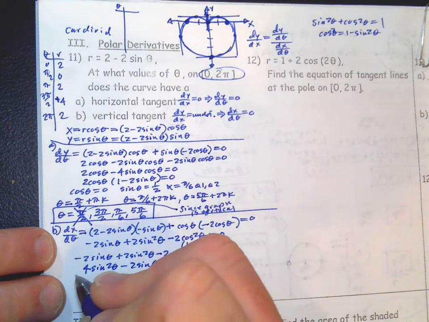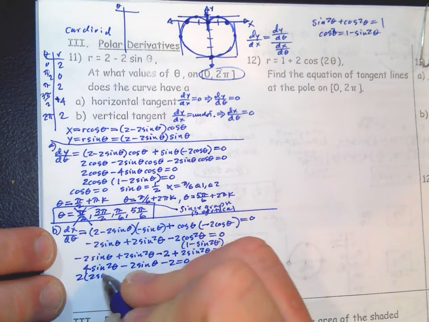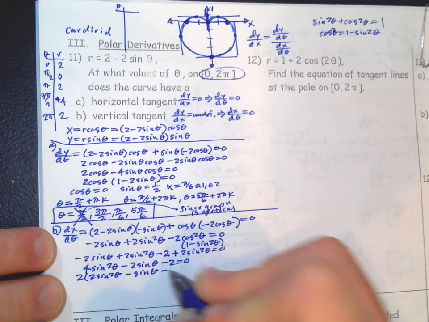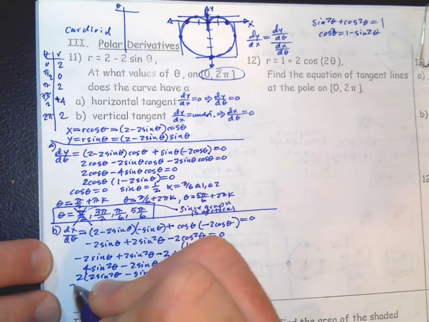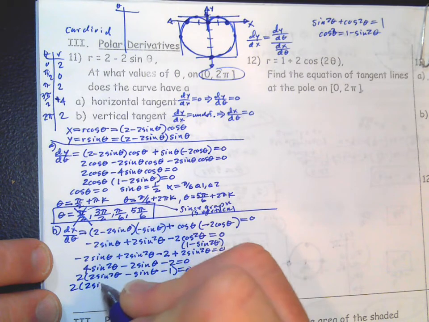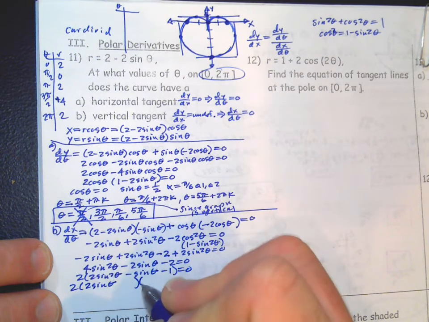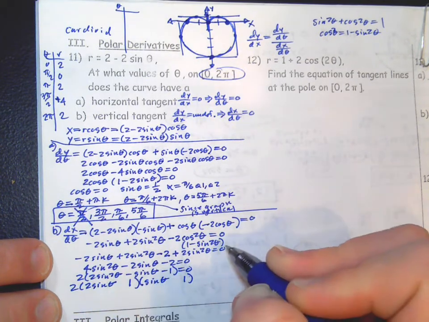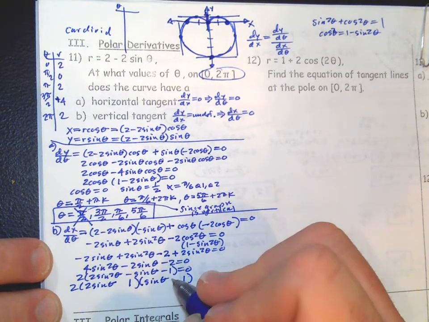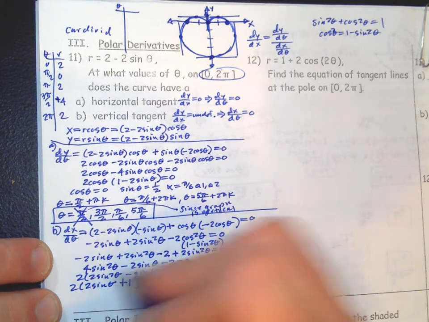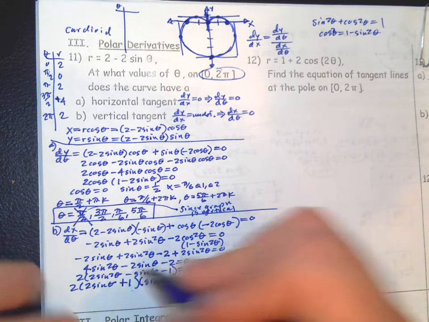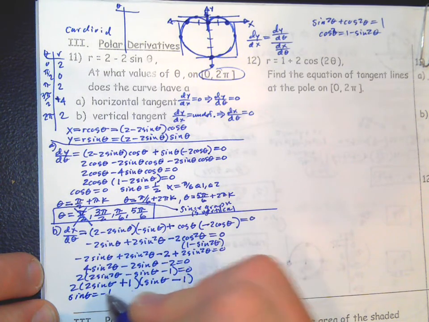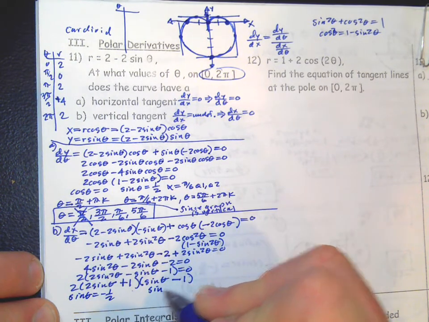You can factor the 2 out. And we could factor 2 sine theta and sine theta. And you've got to have ones here. One's going to be positive, one's going to be negative. To get negative here, you want this one to be negative. Right? Negative 2 sine theta plus 1 sine theta gives you negative 1 sine theta in the middle. So sine theta equals negative 1/2. And sine theta equals 1.